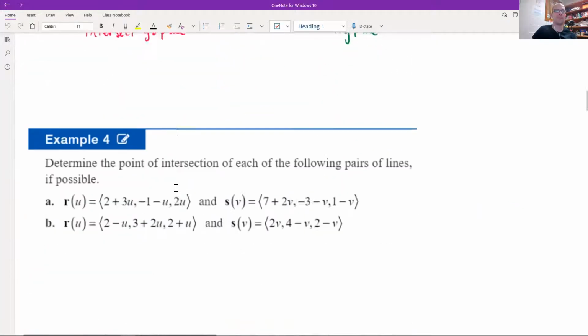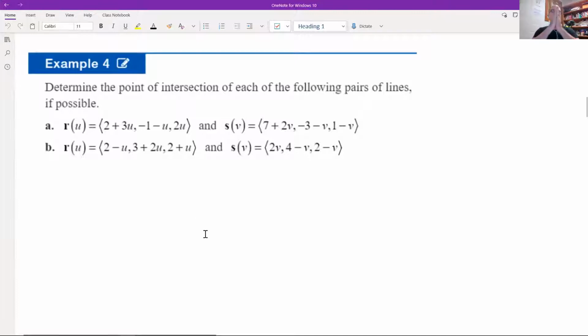Moving on. Example number 4. Determine the point of intersection of each of the following pairs of lines, if possible. Good grief. A lot to do here. The theory behind this, though, is we set the components equal to each other and then solve the system of equations.